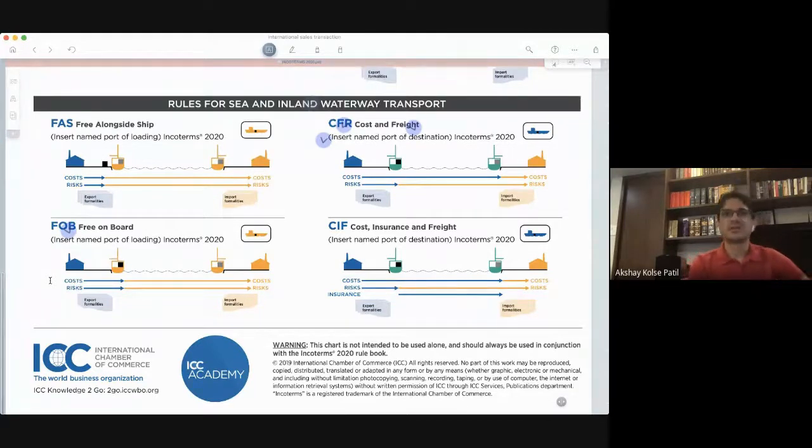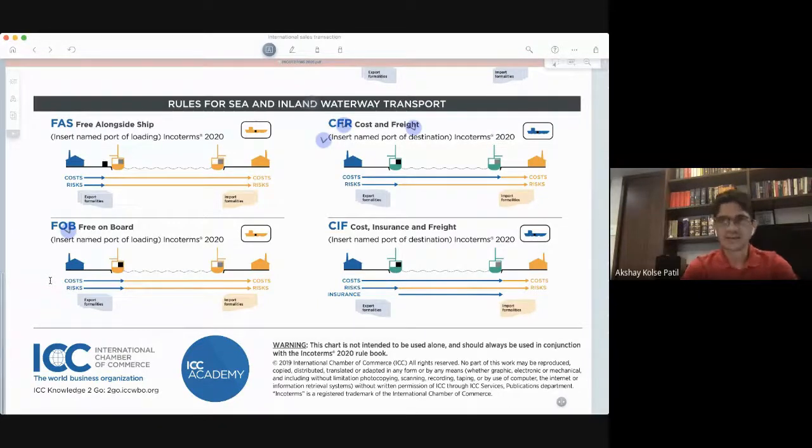CFR is again cost and freight. Now, in a case like this, the risk again transfers to the buyer once the goods are loaded on the ship, but the seller bears the cost of transporting the goods to the port, to the home port of the buyer.